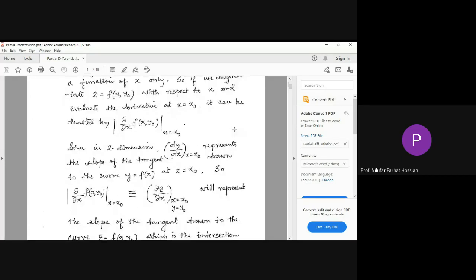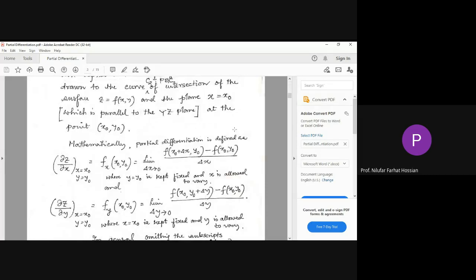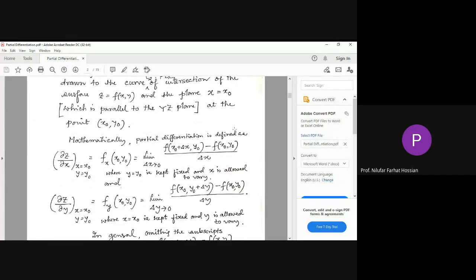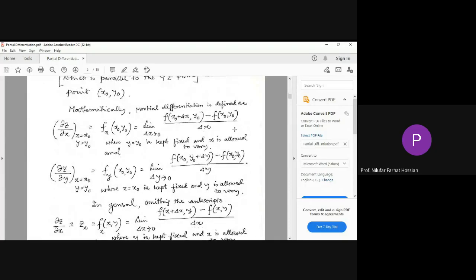So this was the physical interpretation, and mathematically, this is the expression. Partial differentiation is defined like this: del z by del x at x equal to x naught, y equal to y naught. Here it is del x, that means y should be kept as a constant.